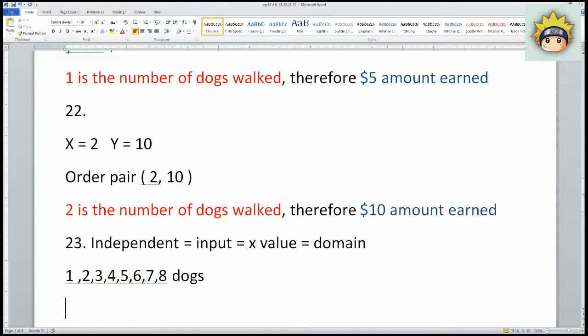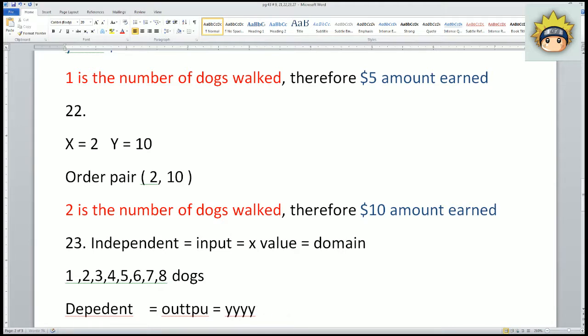Next, your dependent is equal to your output, which is equal to your y value.